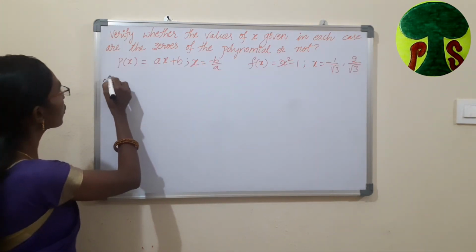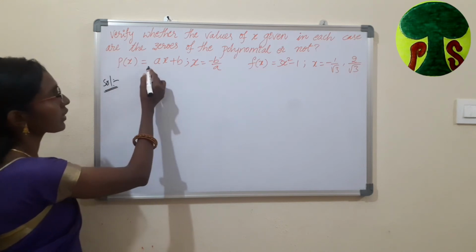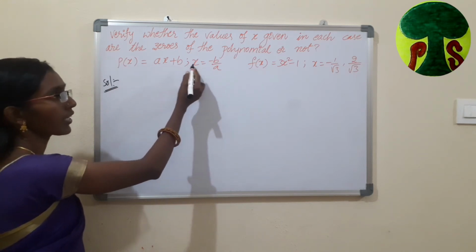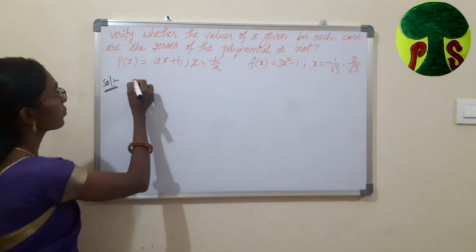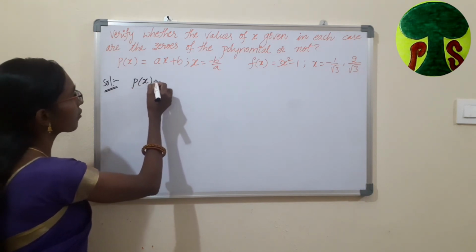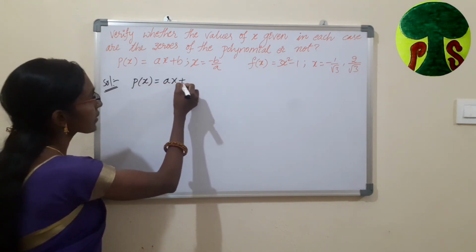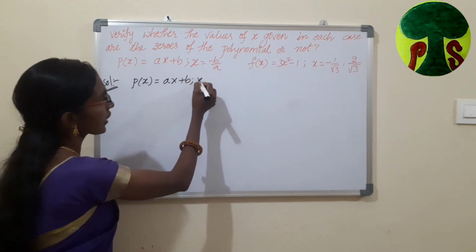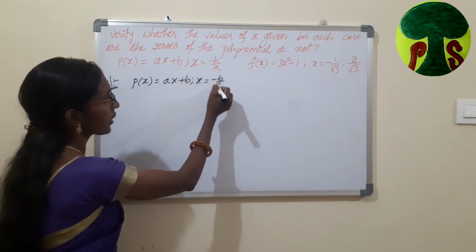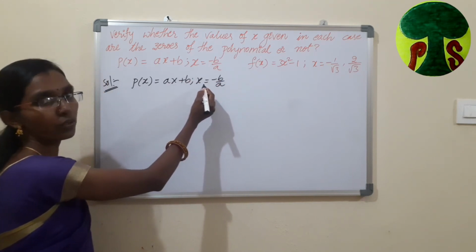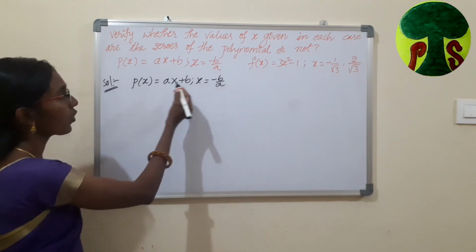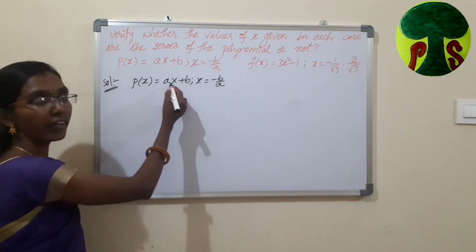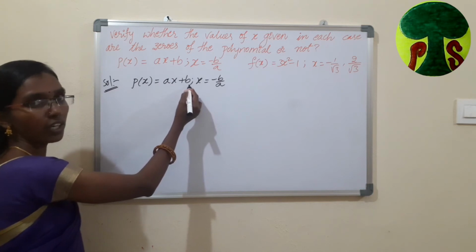Here is the solution. P of x equals ax plus b, where x equals minus b by a. The given polynomial is P of x equals ax plus b, where x equals minus b by a. We have to check whether x equals minus b by a is a zero of the polynomial ax plus b or not.